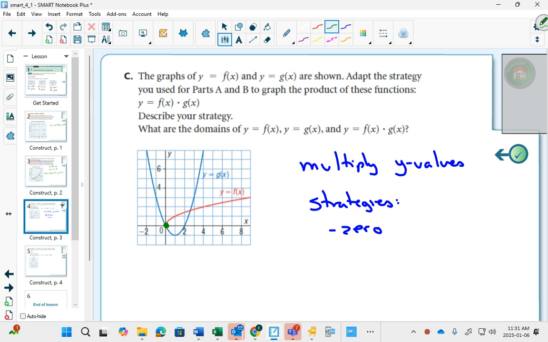Can you see that at 2, the blue graph is 0, the red graph looks like 1.5. Does it matter what the red graph is if the blue graph is 0? No, that'll be 0. So that's a good strategy. Any place where one of the graphs is 0. What also is easy to multiply by? 1.